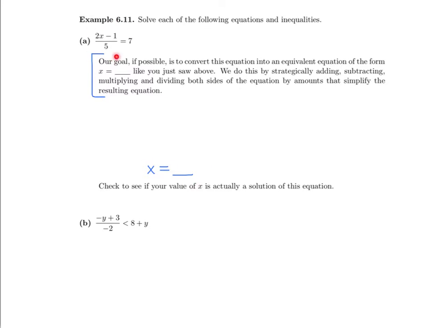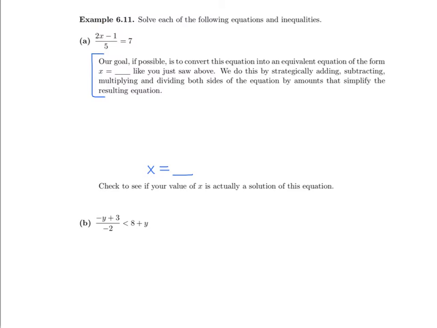So let's take a look at the equation, and in particular let's look at the left-hand side. It's quite complicated. There are several operations that x undergoes. X gets multiplied by 2, then we subtract 1, and then we divide by 5. If we want to get x all by itself, all of these operations need to be undone.